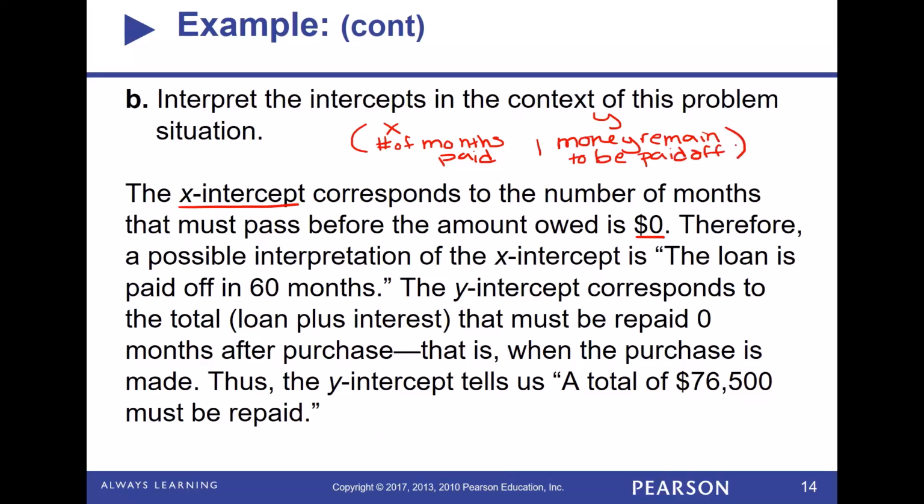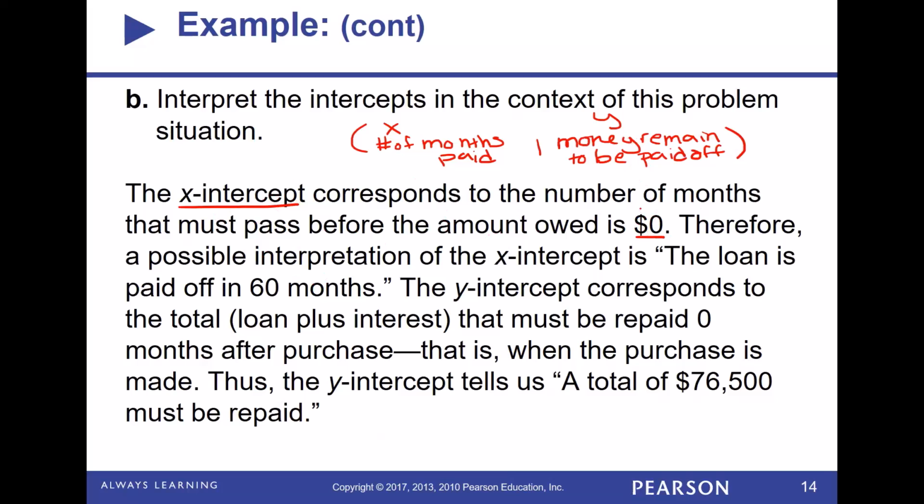So when I say the x-intercept represents how many months I need to pay before that y value is 0, it means I owe 0 amount.